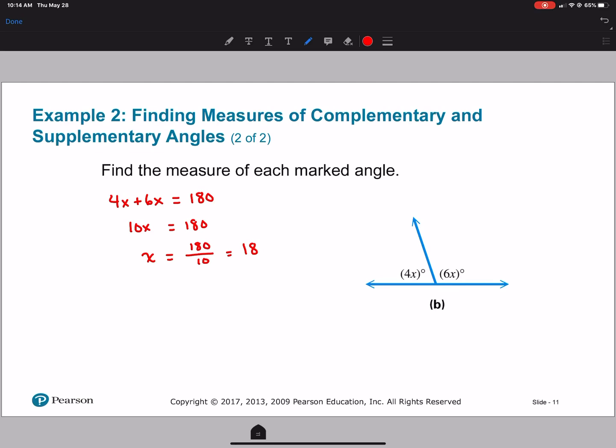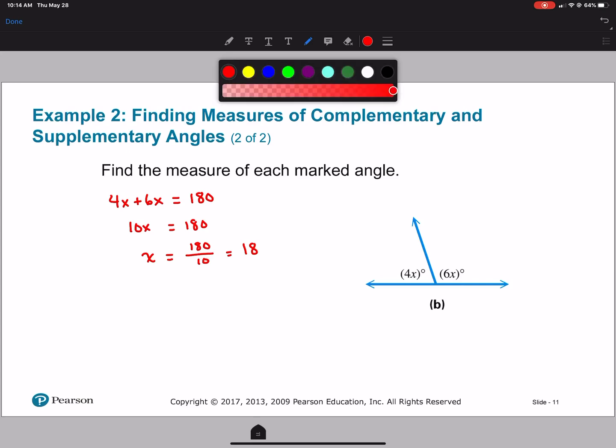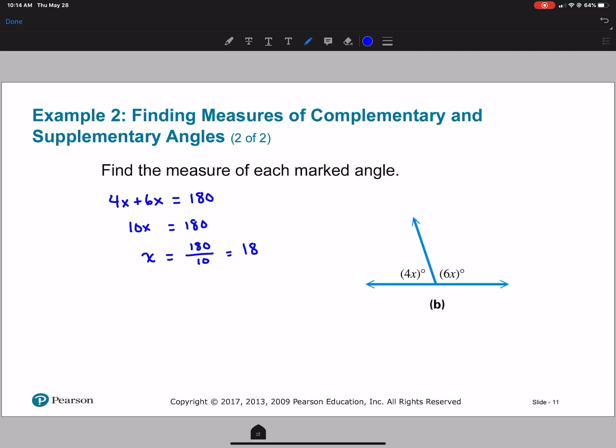Now, we know we're not finished because that's what x is. So now we want to go back in and say we got 4 times 18. When we multiply 4 times 18, we get 72. Then we have 6 times 18, and that gives me 108 degrees.